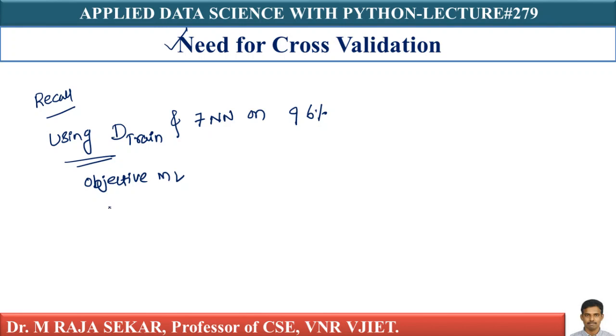The whole objective of machine learning here is, let's not forget that objective: you are given a data set DN, you do whatever you want, you learn a function F using all of the data. What is my DN here? DN is my entire data set.